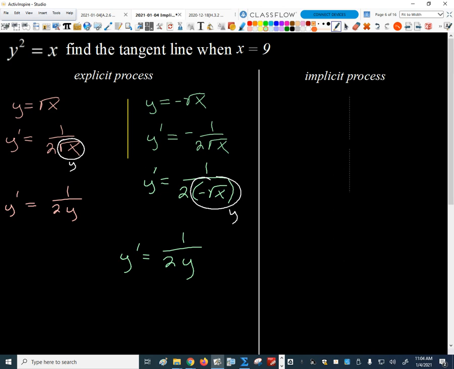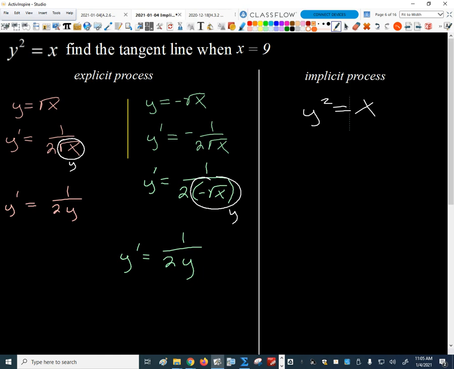That's pretty slick. I got the same answer when I differentiated both of these two equations, right? So now my question is, could I have gotten there without having to go through the hassle of explicitly solving for y? Could I have just started with y squared equals x and gotten to the same place? Yeah.